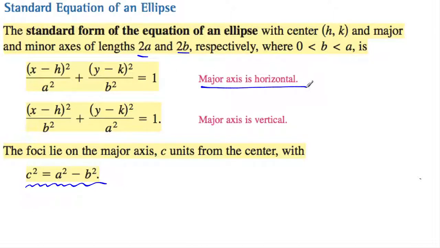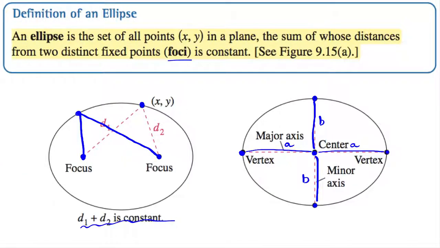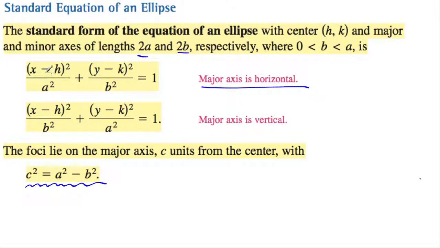Now here is when the major axis is horizontal, just like in this picture. Here is the equation. Notice it looks very, very similar to the circle, right? x minus h squared, y minus k squared, but now we are dividing by a squared and b squared. We are dividing by the length squared of the axes. And same over here. Now notice we write x, y, x, y.